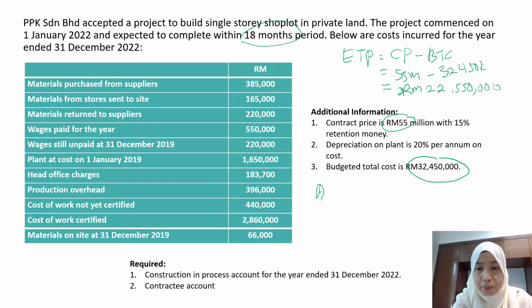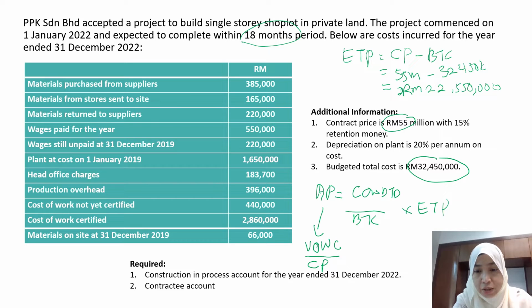The first formula: cost of work done to date, divided by budgeted total cost, then multiplied by ETP, the estimated total profit. The second formula: value of work certified divided by contract price, and you still multiply by the estimated total profit.